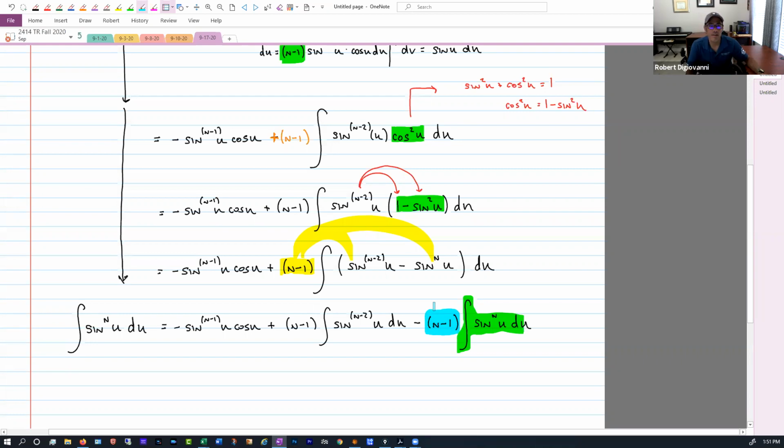N minus 1, right? And I'm subtracting that. Why don't we move that to the other side of the equation? So why don't I add to this n minus 1 integrals of sine to the n u du? And let's do that to this side.